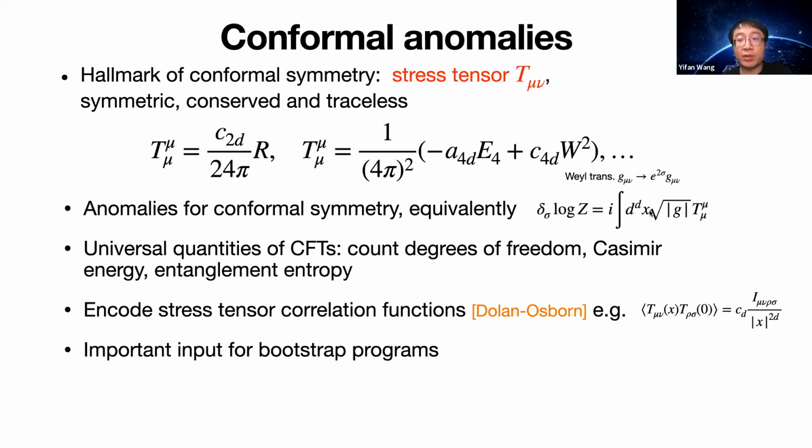And they also encode various pieces of the stress tensor correlation functions, 2-point, 3-point, and so on. For example, the 2-point function of the stress tensor in general dimensions is completely fixed by the C-type conformal anomaly. And because they enter into these lower point correlation functions, they're also very important inputs for running the bootstrap program, which allows one to solve the higher point, more complicated correlation functions.